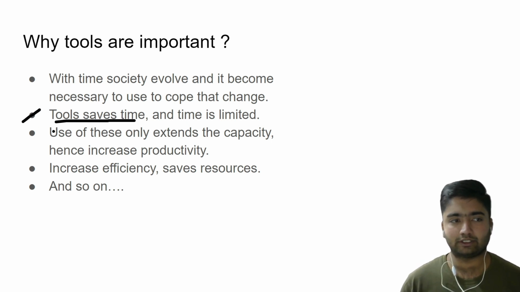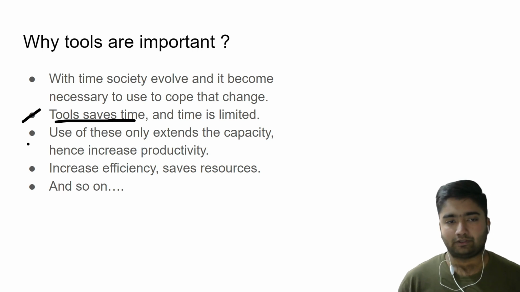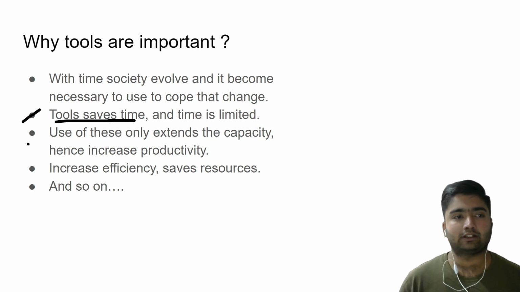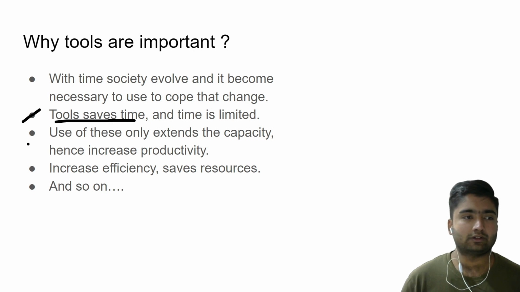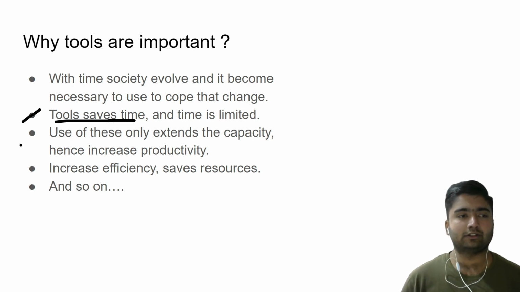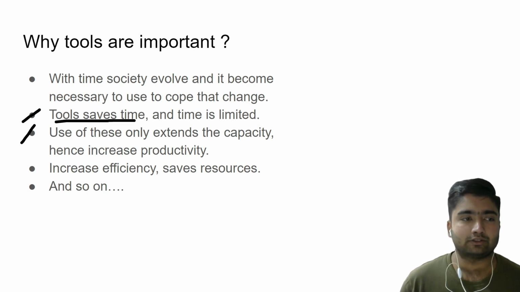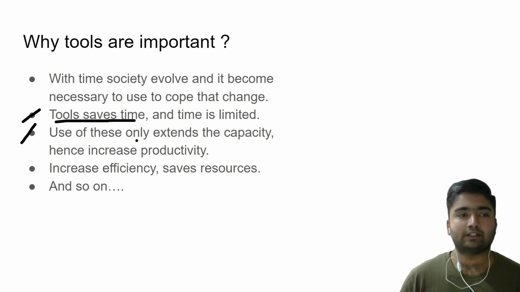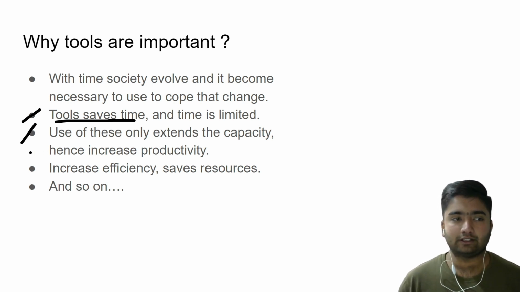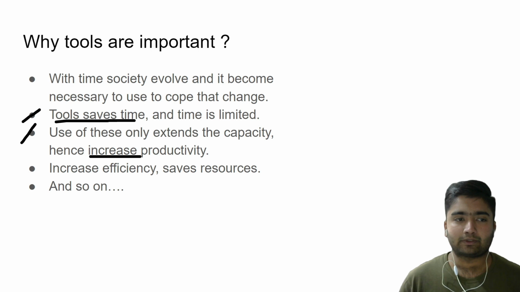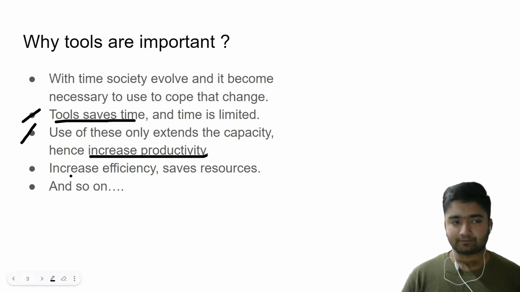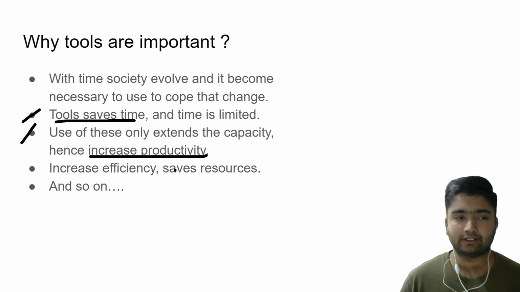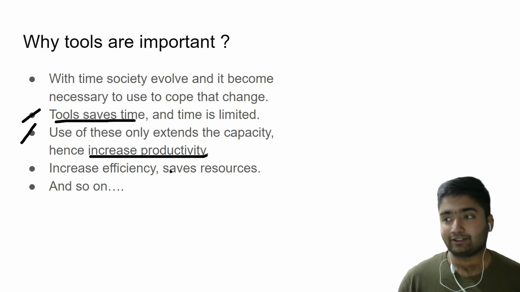So tools save time. They extend our capacity. Like, we can all do calculations, but for bigger calculations we use a calculator, so that extends our capability. We can compute the multiplication of 3-digit numbers easily, but by using a calculator that capacity increased, our productivity also increased, and time is saved. If we use resources efficiently, that increases overall efficiency.